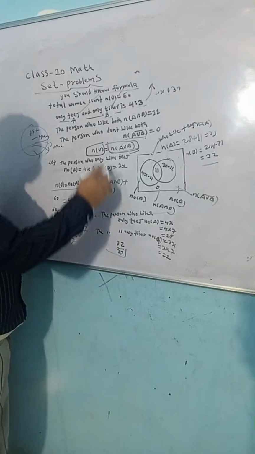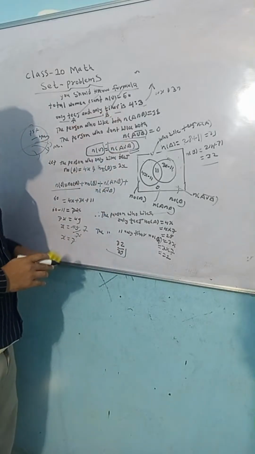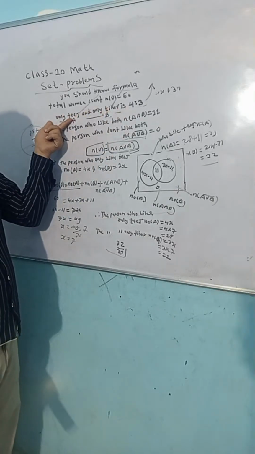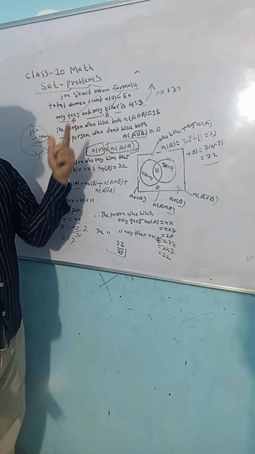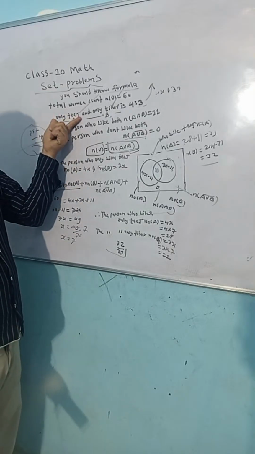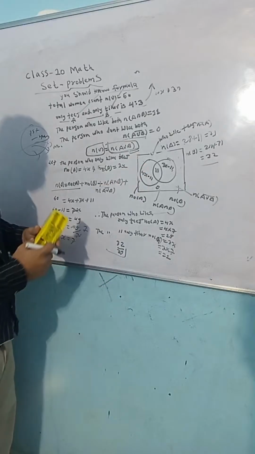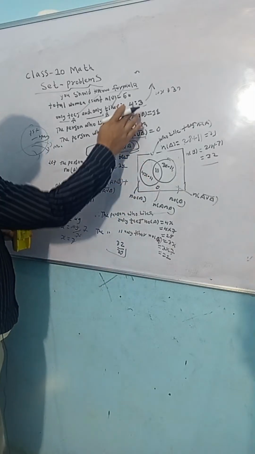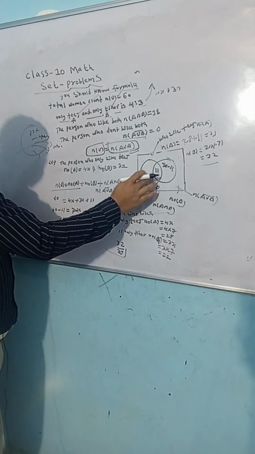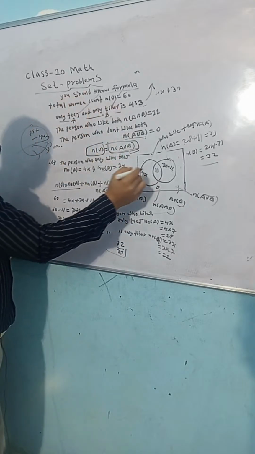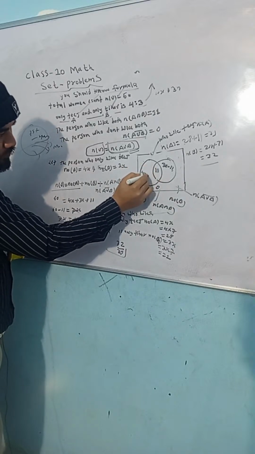If the same questions just change the format, who like or who only like, these two are different concepts. Only who like Tej is this one, this person only. If only is already given, there is no need to subtract this one. If nothing is given, and who like Tej and Tihar is given, you need to subtract this portion to get only.